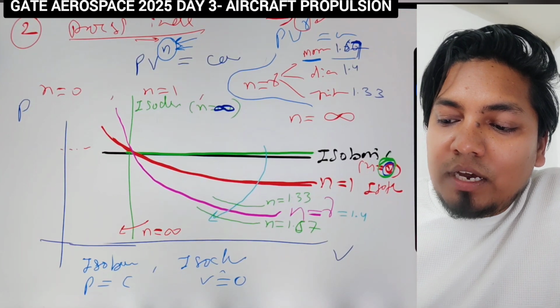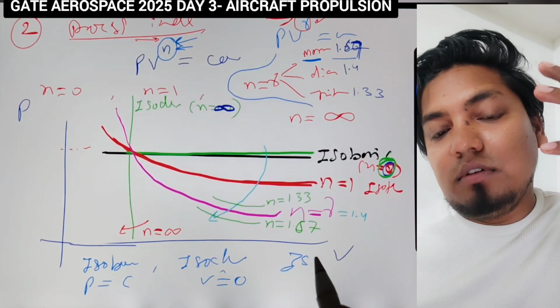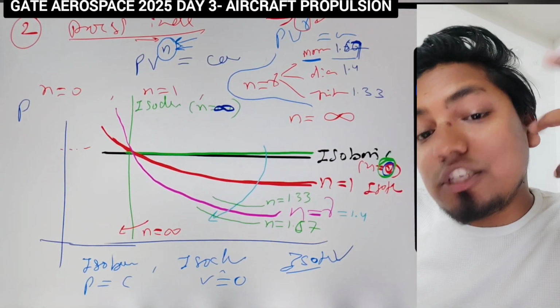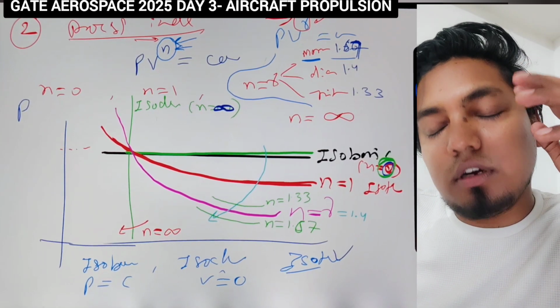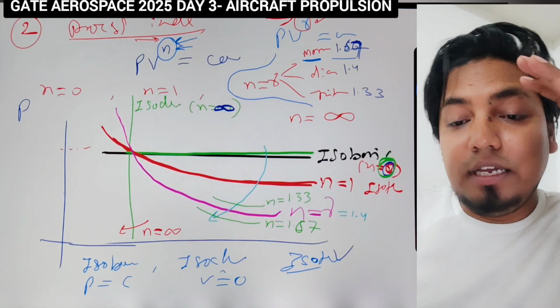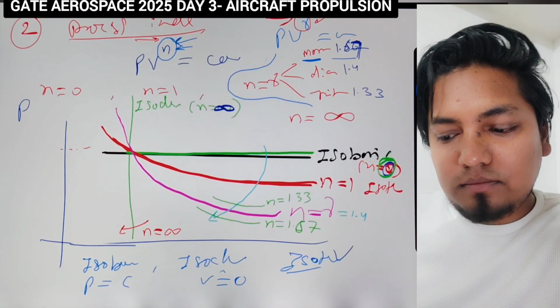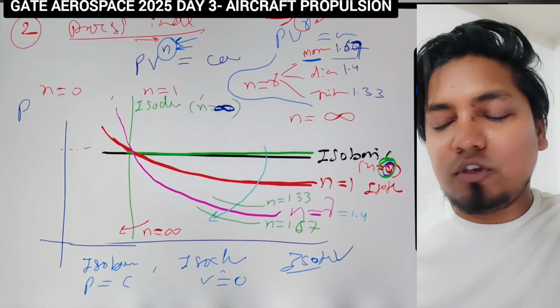Now you may have heard adiabatic process. There nothing is constant because heat is not transferred. You will not say heat is constant. Heat is not a static property, not a point function. So you should say heat transfer is 0.